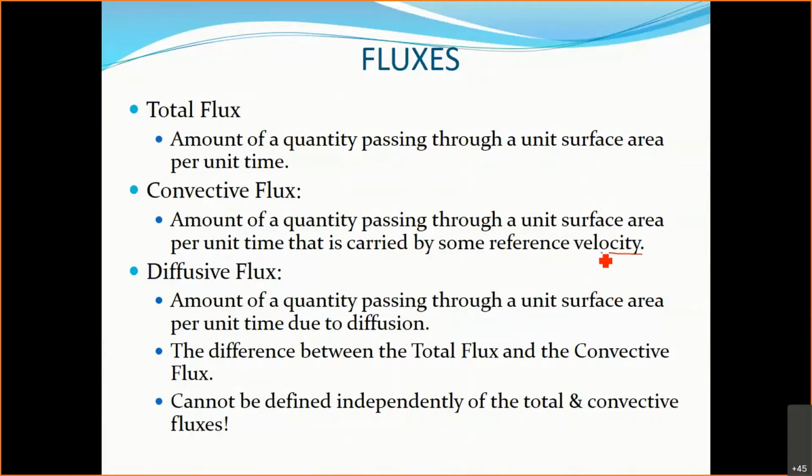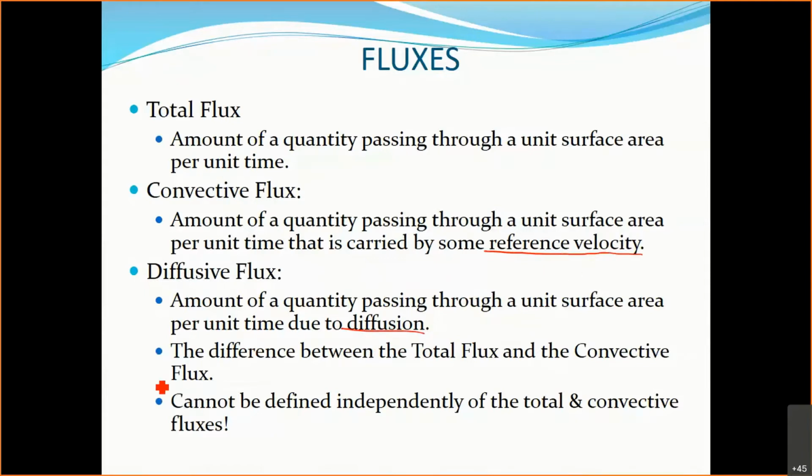This is important, because when we are talking about convective flux, there must always be a velocity term. Diffusive flux is the amount of a quantity passing through a unit surface area per time due to diffusion, only diffusion. There is no velocity involved here.